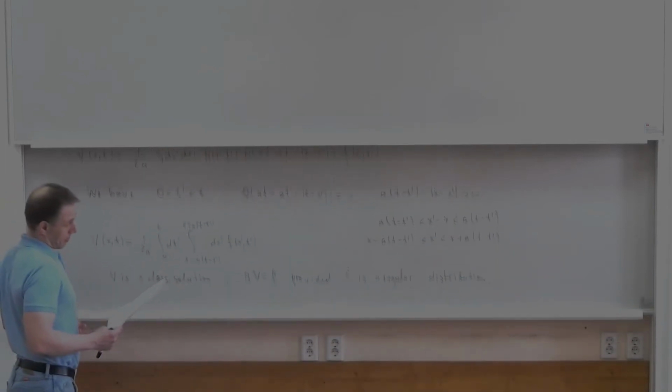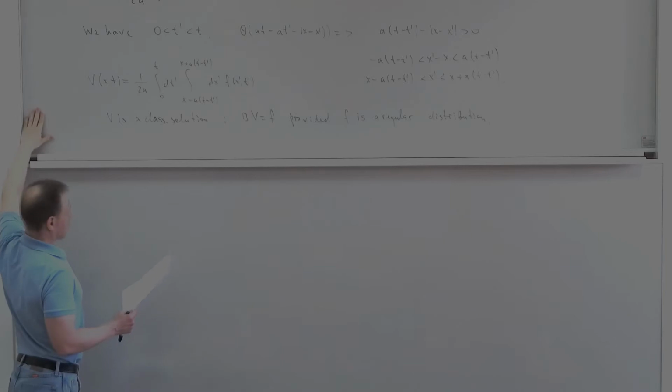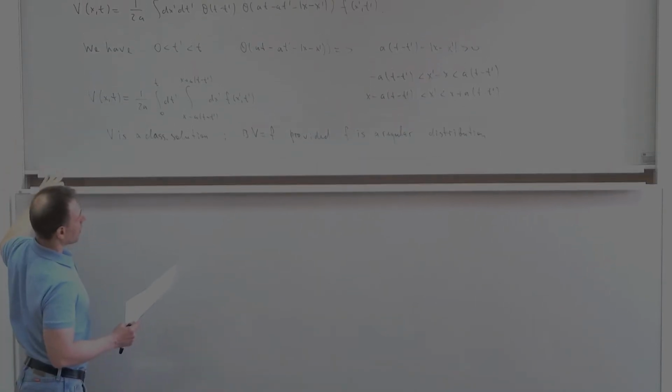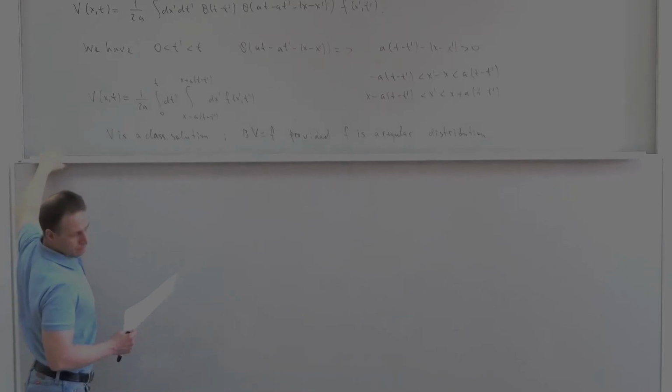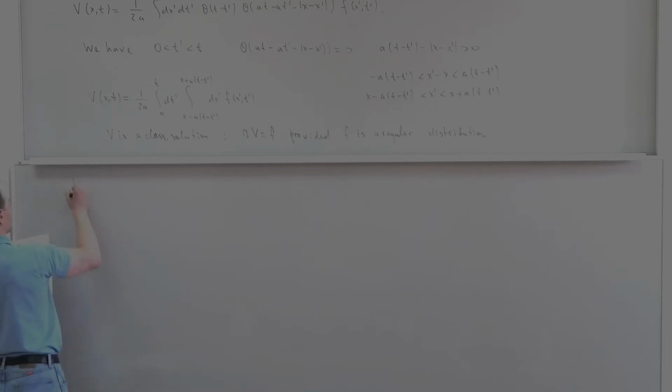The next paragraph is called the retarded surface potentials. Definition of retarded surface potentials.